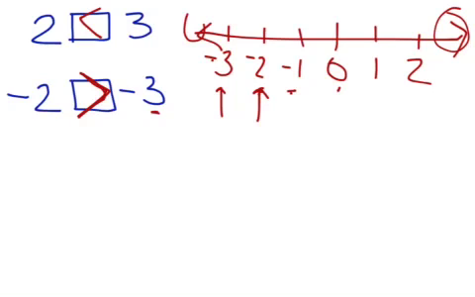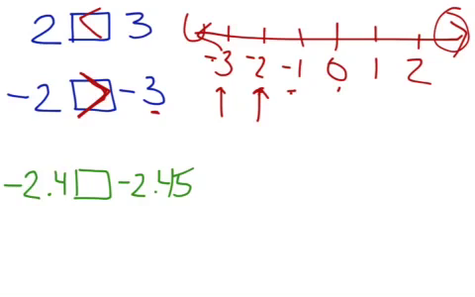Let's try an example with decimals. -2.4 and -2.45. Personally, the way I like to think about this is I'm going to ignore the negative signs and just think about if they were both positive, which number is bigger, and then I'm going to flip the sign, and that would give me the right answer. So 2.4 versus 2.45.